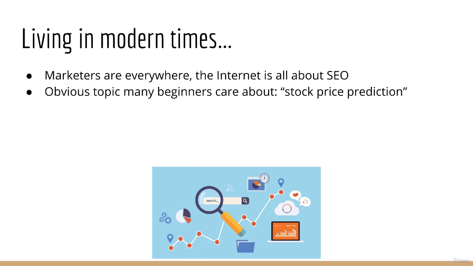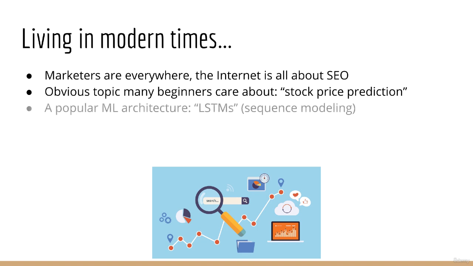Now, if you're taking this course, then you know better, but let's continue the story. So imagine what happens. You take one of the most popular topics that would appeal to someone who doesn't know about finance, like stock predictions. You take one of the most popular machine learning algorithms that would appeal to someone who may not know a lot about machine learning, but has heard many buzzwords like LSTM.